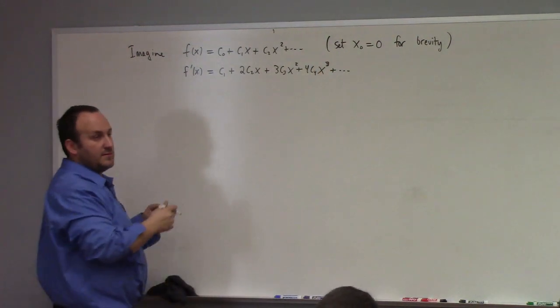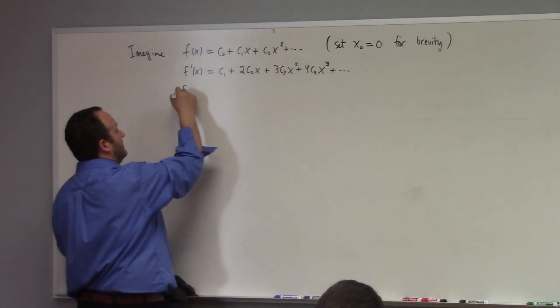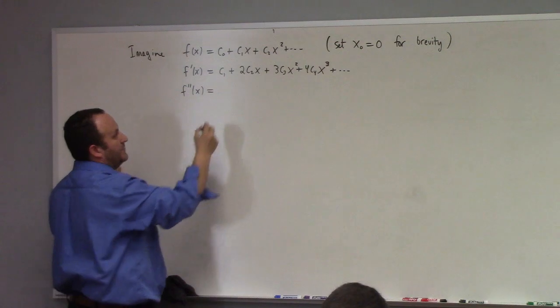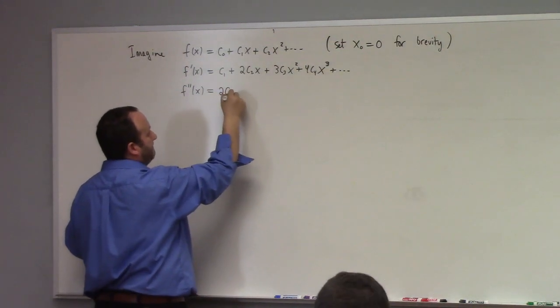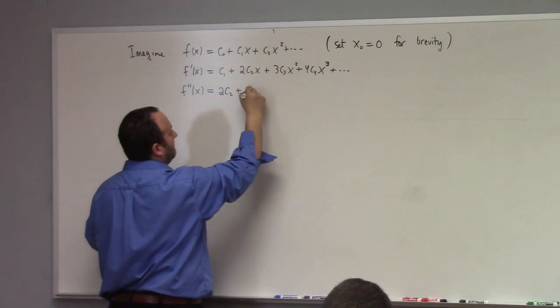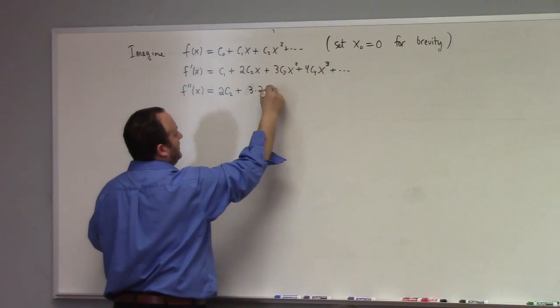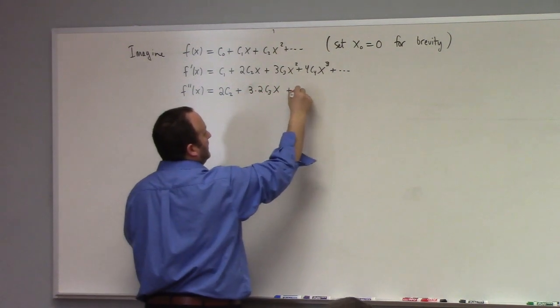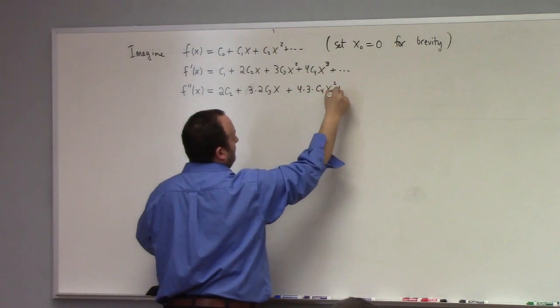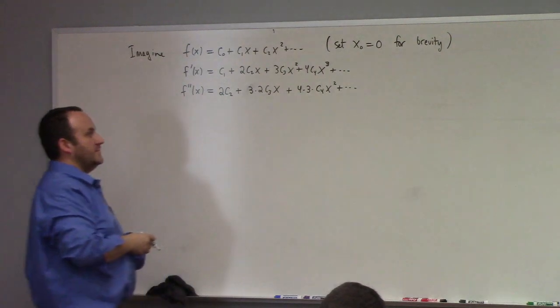So what's the second derivative of the series? Well now it's 2c2 plus 6, I'll write it as 3 times 2 c3x plus 4 times 3 c4 x squared.